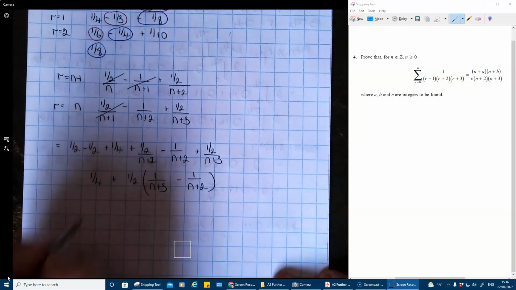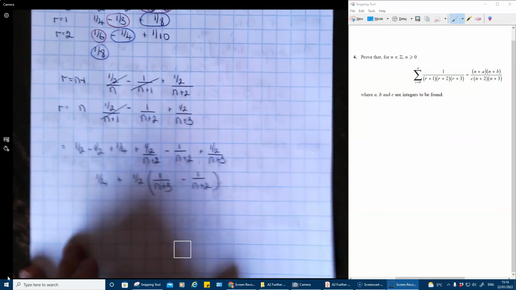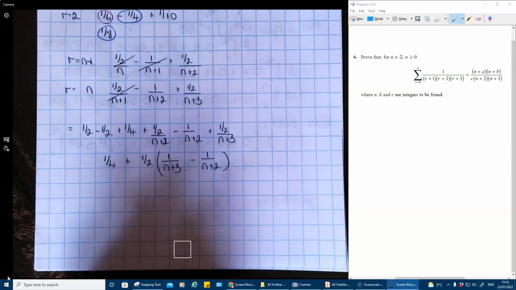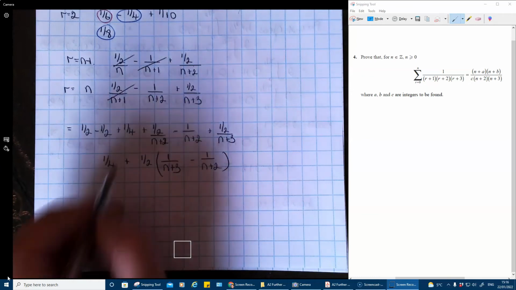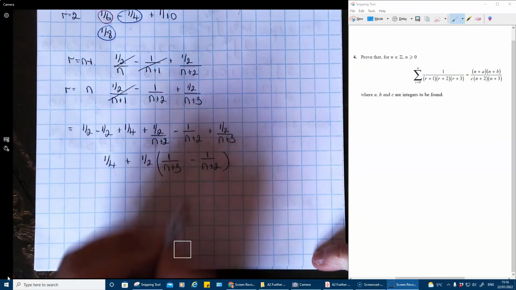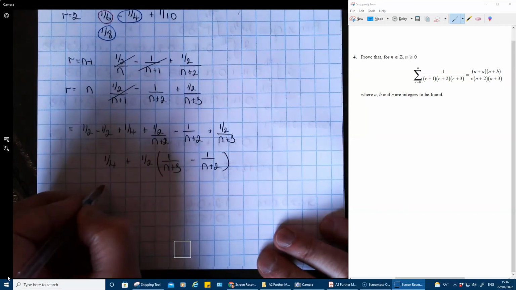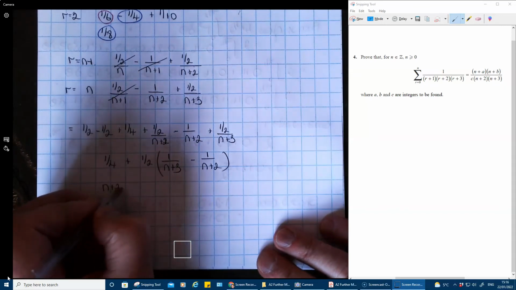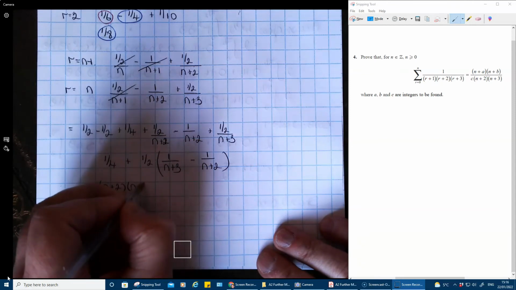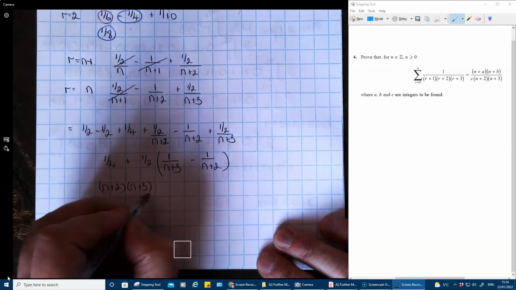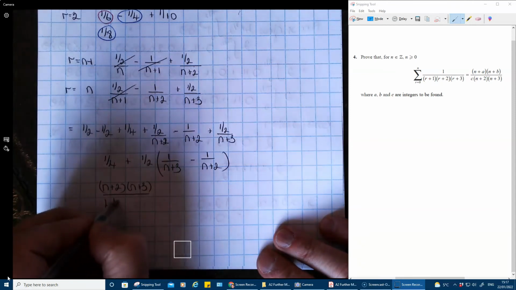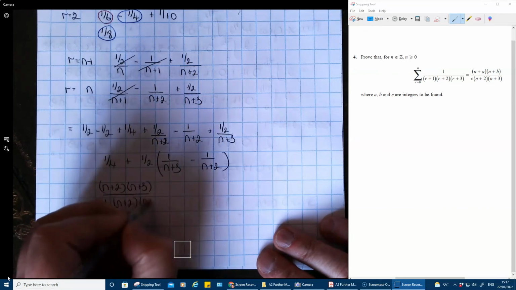Which equals, now if I write the quarter, I want a common denominator of 4 lots of n plus 1, n plus 3, n plus 2. So here I have n plus 2, n plus 3 over 4, n plus 2, n plus 3.